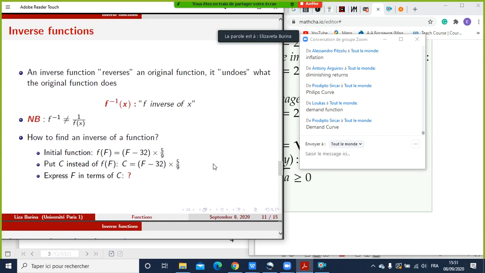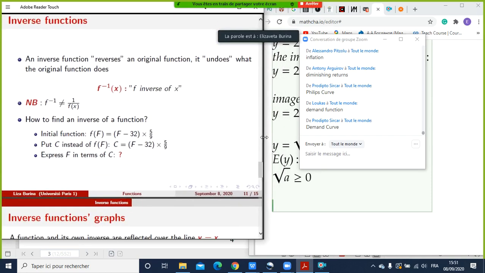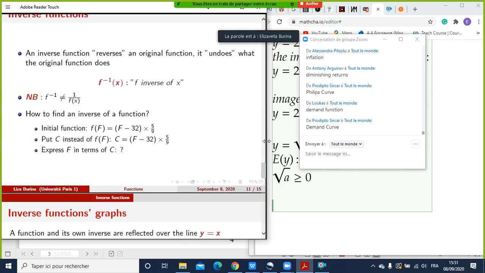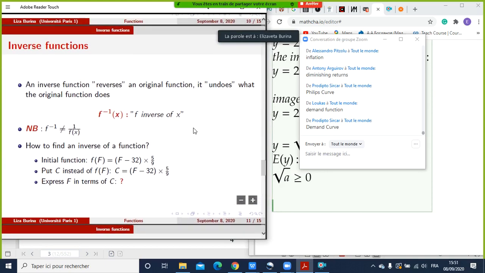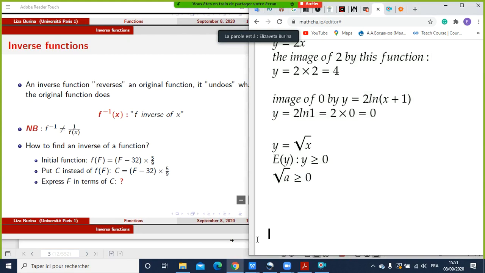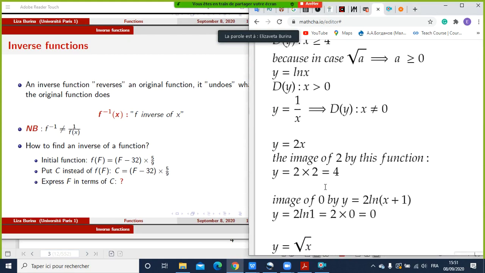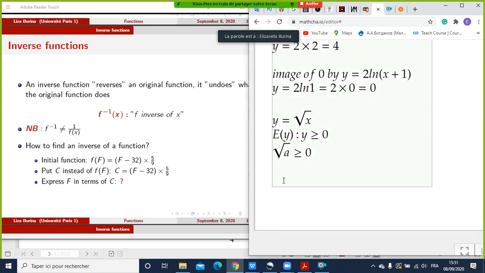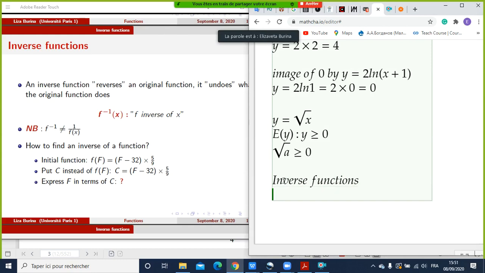And now we get to inverse functions that you for sure heard and seen, but just maybe don't remember how to calculate. So let's start a new chapter, inverse functions here.